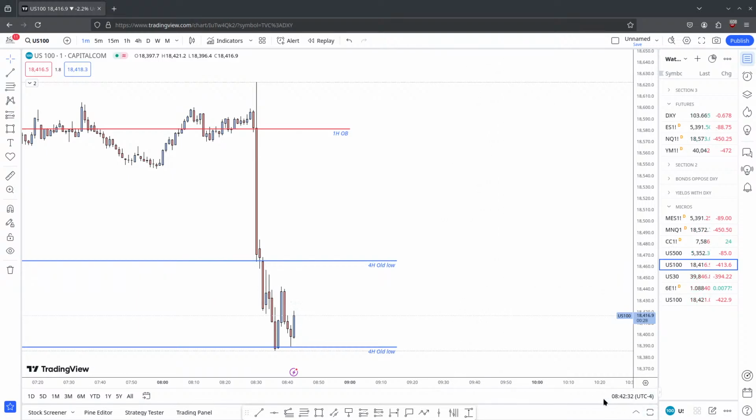So for nothing here, it's 8:42. Not much to see. We have now taken these higher time frame levels.